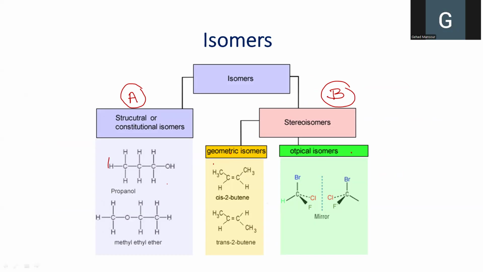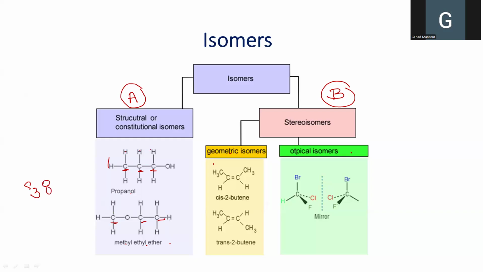Here you can easily see that propanol and methyl ethyl ether have the same number of carbon atoms. They both have 3 carbon atoms, so the first component in the molecular formula is C3. How many hydrogen atoms do they have?